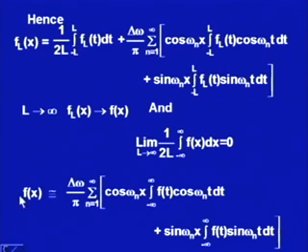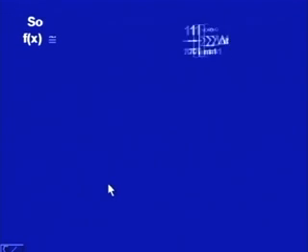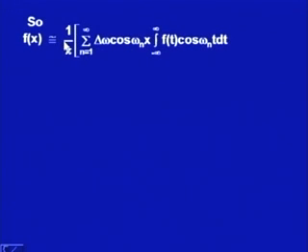So, all those assumptions on the limit, integrals and summations we had assumed over here. Finally, we have f(x) approximately as delta omega upon pi, summation n running from 1 to infinity, cos omega_n x integral minus infinity to plus infinity f(t) cos omega_n t dt plus sin omega_n x integral minus infinity to plus infinity f(t) sin omega_n t dt. Now f(x), with delta omega taken inside, the summation sign also inside, 1 upon pi.